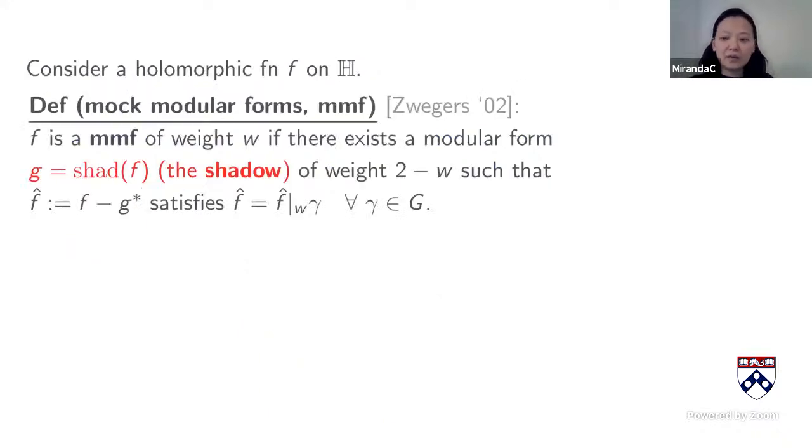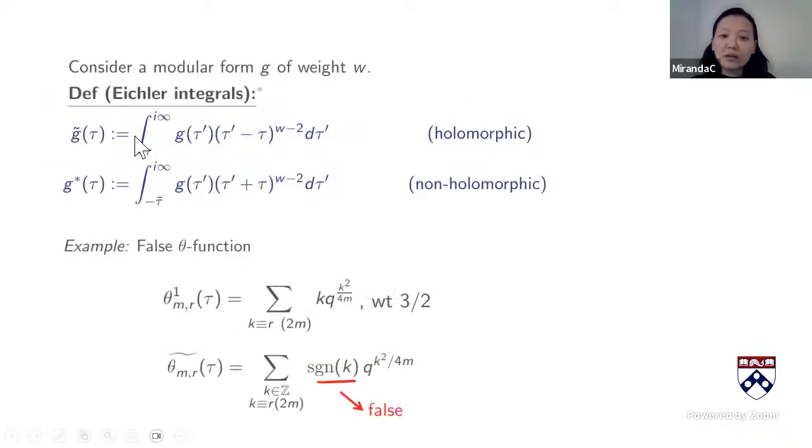How do you see that? If you plug it into this definition and compute this failure of modularity, and then you use the fact that g is a modular form, you can show that this becomes a period integral.